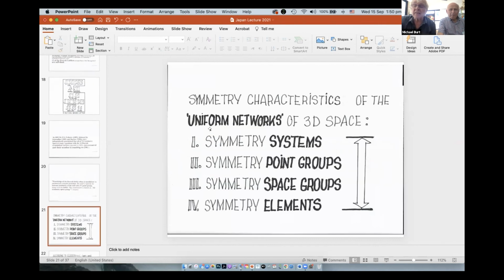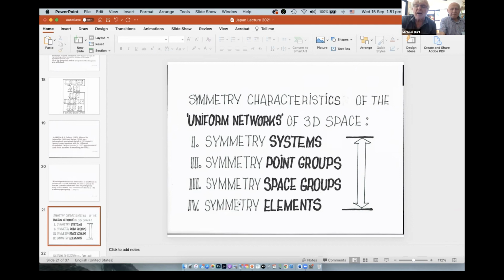This combination is known as the 3D symmetry space groups. And as Fyodorov proclaimed, 230 symmetry space groups. Symmetry characteristics of the uniform networks of 3D space. We start with the symmetry systems. In fact, the 7 symmetry systems split into 32 symmetry point groups that are accounted by 230 symmetry space groups and an infinite number of symmetry elements.